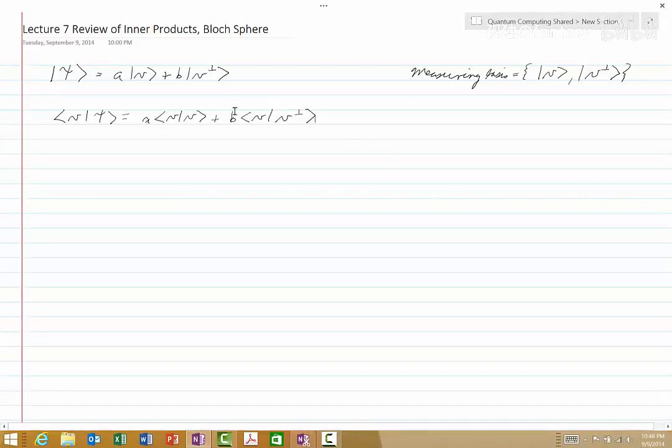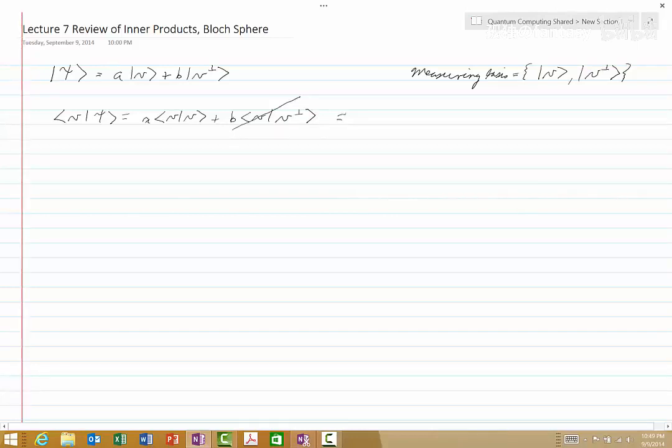We say that since V and V orthogonal form an orthonormal basis, then V and V orthogonal are indeed orthogonal to each other, and therefore this inner product is 0, so the second term goes away.